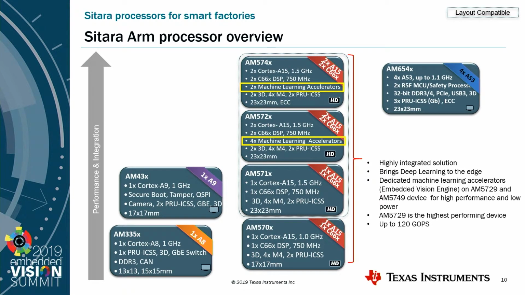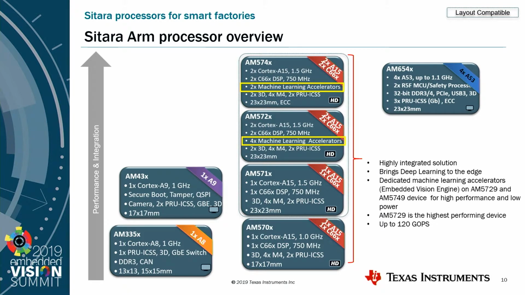On the left side, we have the single core Cortex A8 and A9 processors, which have the PRU subsystems, and all the other features that I spoke about which are required for industrial applications are supported by all the processors I'm showing on the portfolio. The enhanced, accelerated machine learning and the accelerated compression engine is available on the AM57X family of devices.